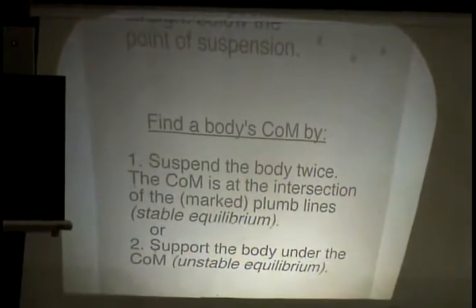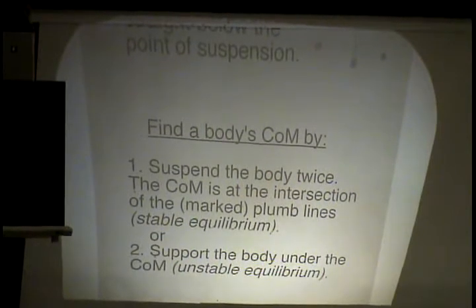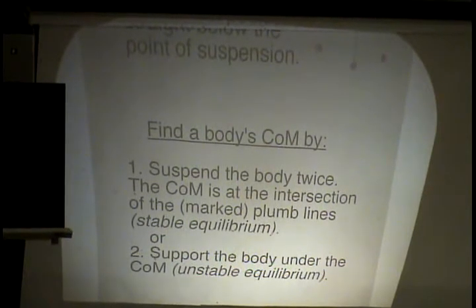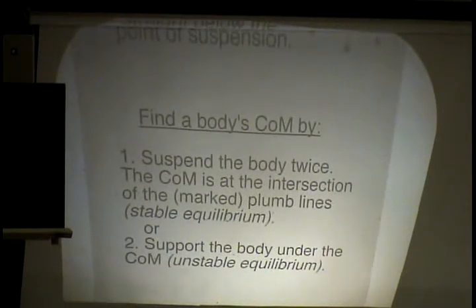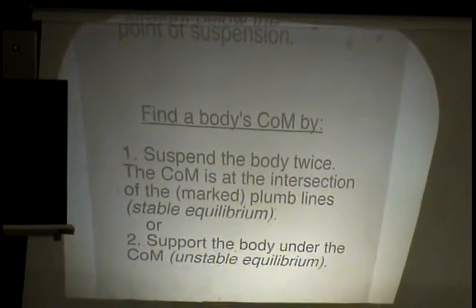So here are the two rules. Suspend the body twice. The center of mass is at the intersection of the plumb lines, and that's called a stable equilibrium. The support method is an unstable equilibrium. Why? I'll show.